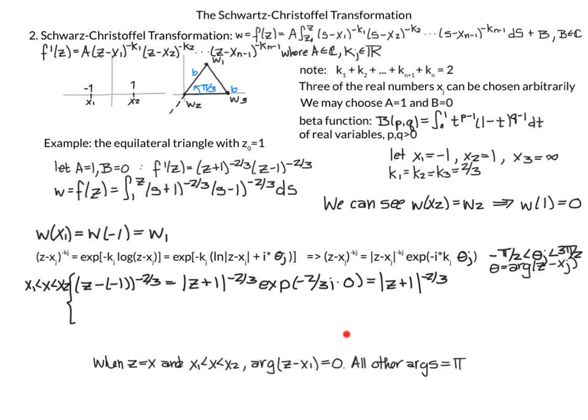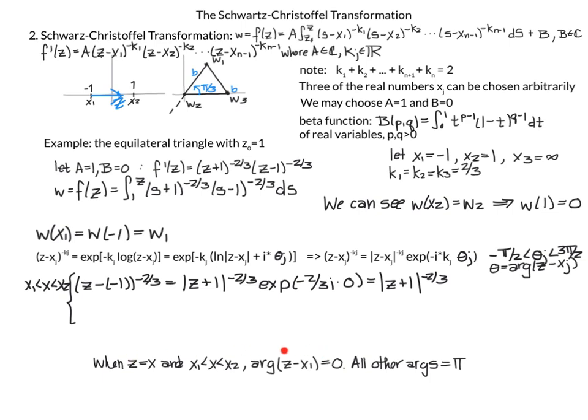And this is what we were talking about a little bit earlier in our video. The argument is equal to 0 because z minus x1, when we're between x1 and x2, so some value, let's say x over here, then z minus x1, where x1 is our starting point, is in the positive direction, which is in the same direction as c.